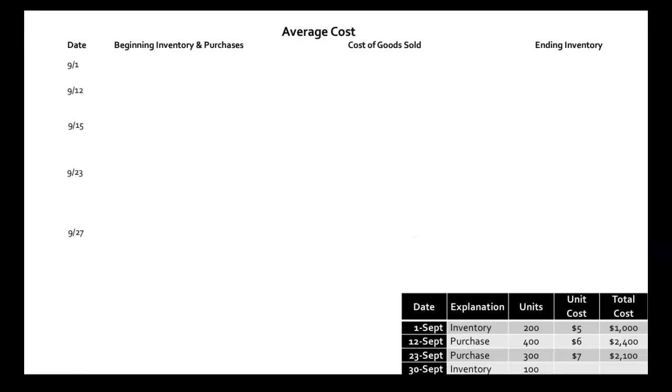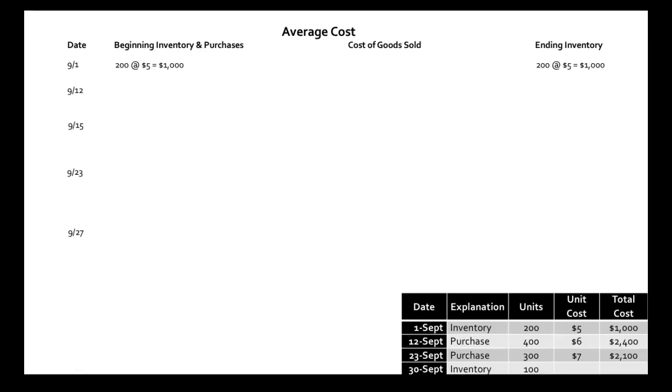Average cost, we are combining all of our inventory together into one group, and then we take an average unit cost for that inventory. So the first day is going to look exactly the same, right? Because that's just our beginning inventory. That's just what we're starting off with.